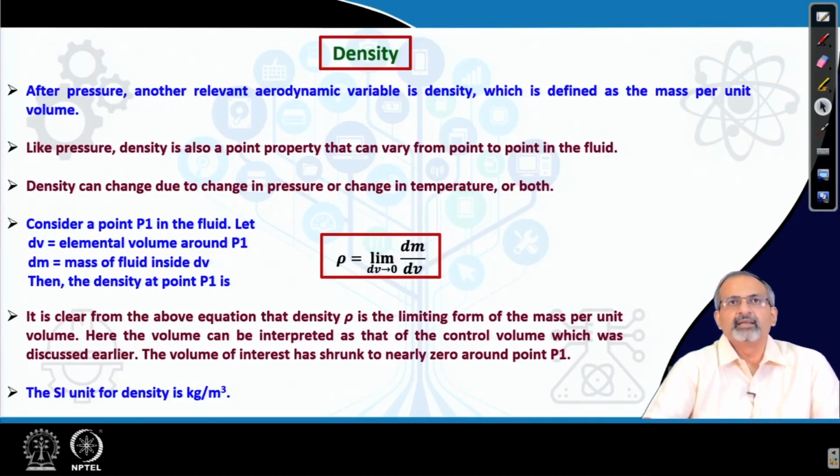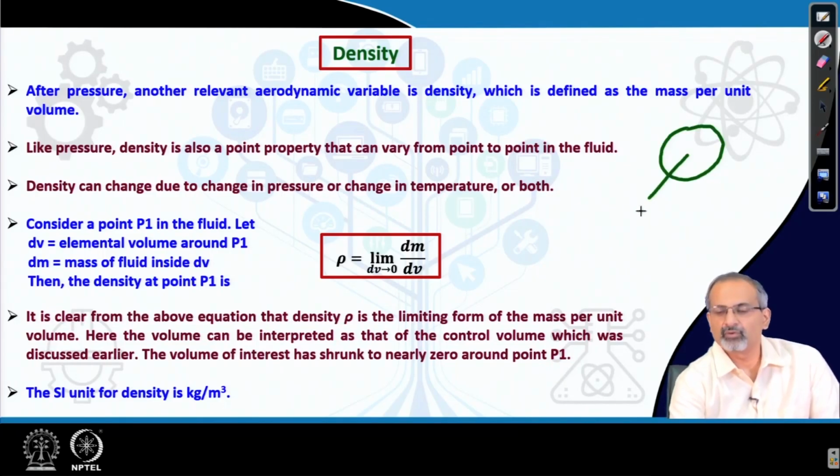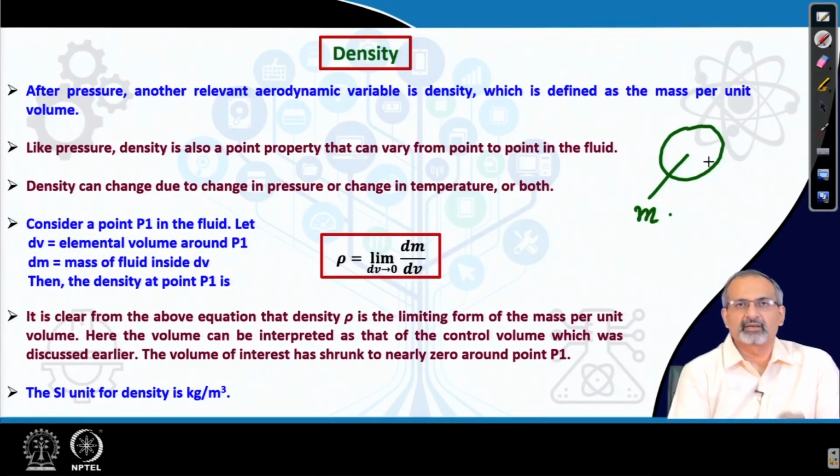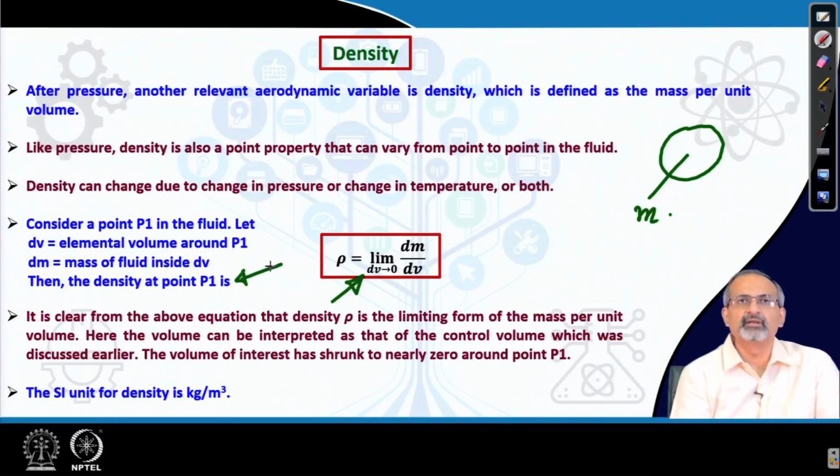If you imagine the same control volume that we were looking at earlier, then there would be a certain amount of mass within that control volume, and if you are talking about a differential sized control volume, then the limit dV tends to 0, dm by dV would give you the density, again shrinking the control volume to a point, following an approach similar to what we did for pressure.